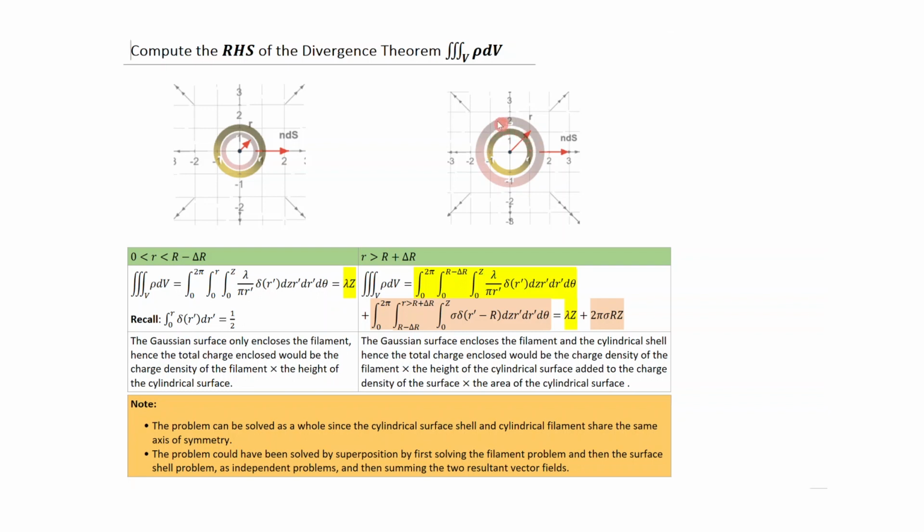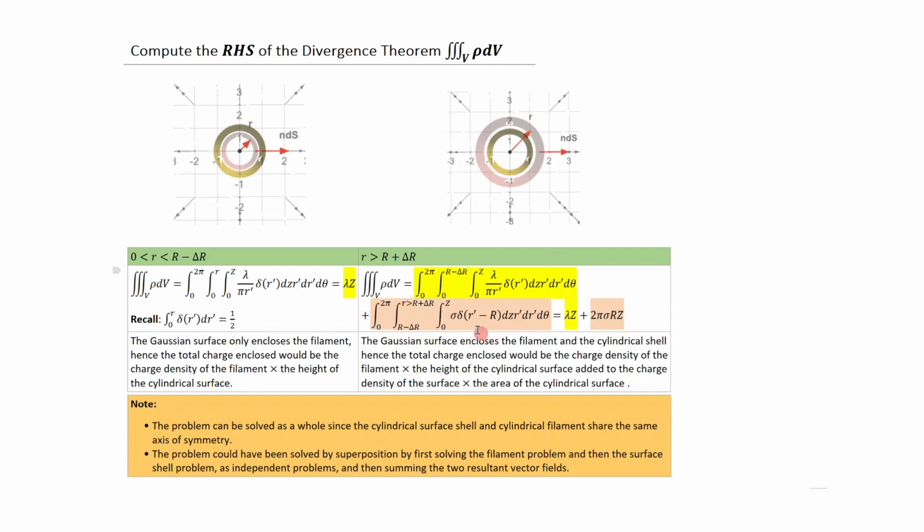In this case, since the volume integral is the total charge enclosed, we have to make sure we pick up the value of this, having gone from 0 to R minus delta R, which is the term that you see here. On top of that, now we go from R minus delta R to some value r greater than R plus delta R, in other words, in this direction outside.